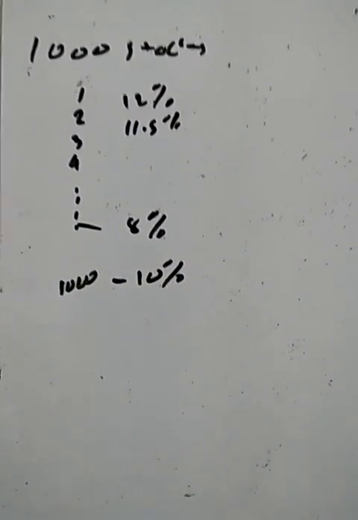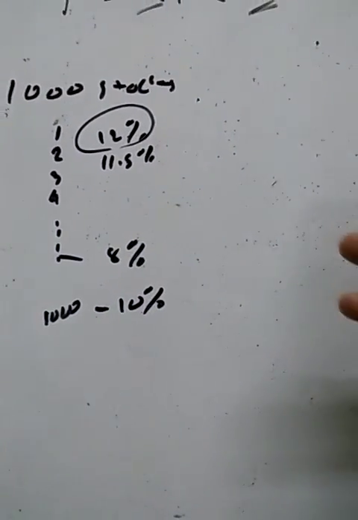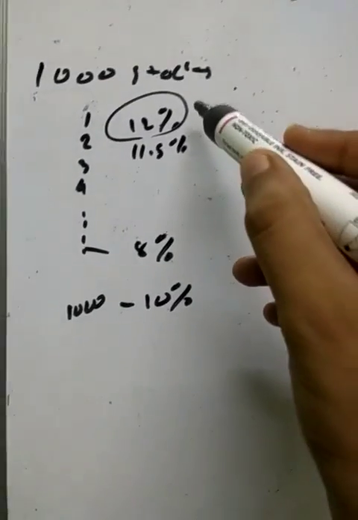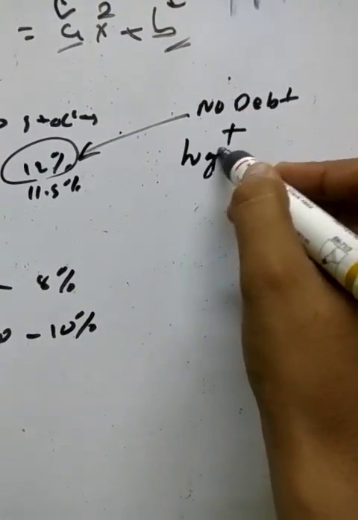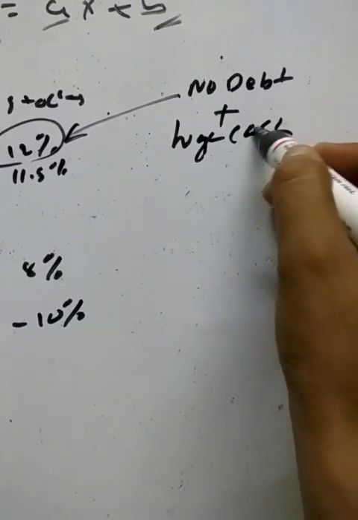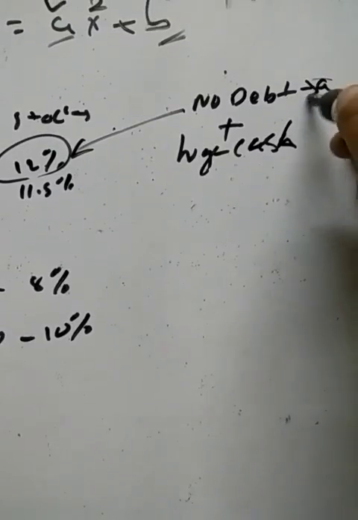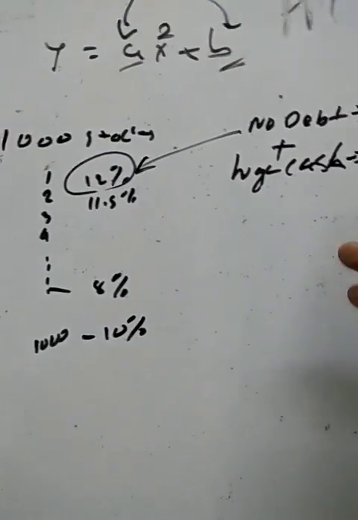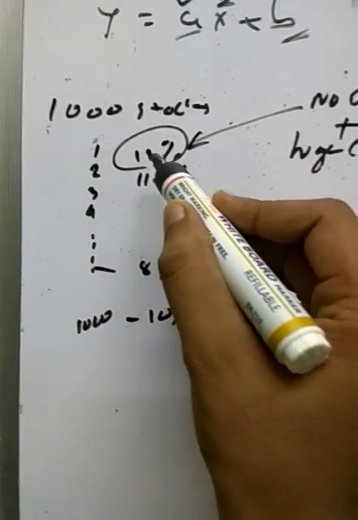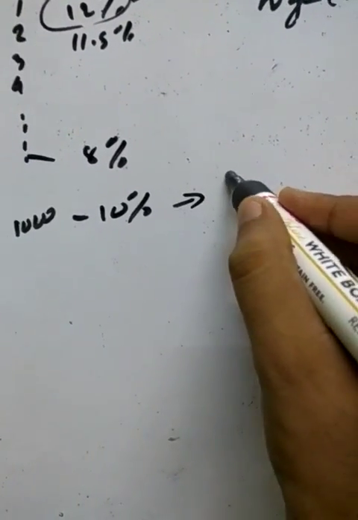What might be the factors that make this 12% stock very good? Maybe a fundamental factor. This stock has no debt plus huge cash. So these two are like factor A, factor B. These two factors contribute highly to making an expected return of 12%, whereas this minus 10% one has high debt.